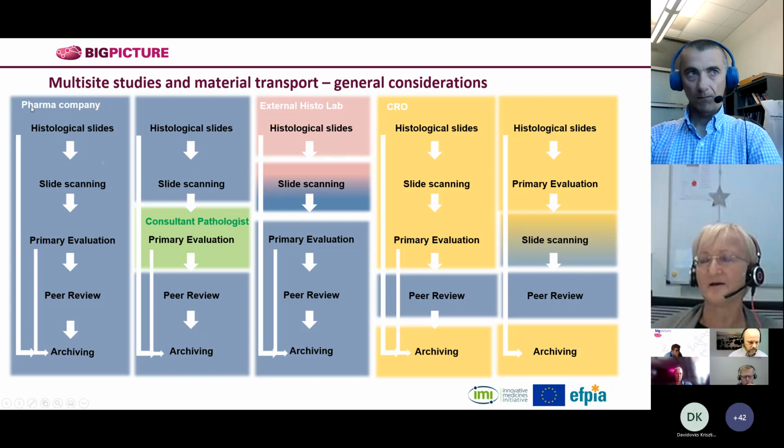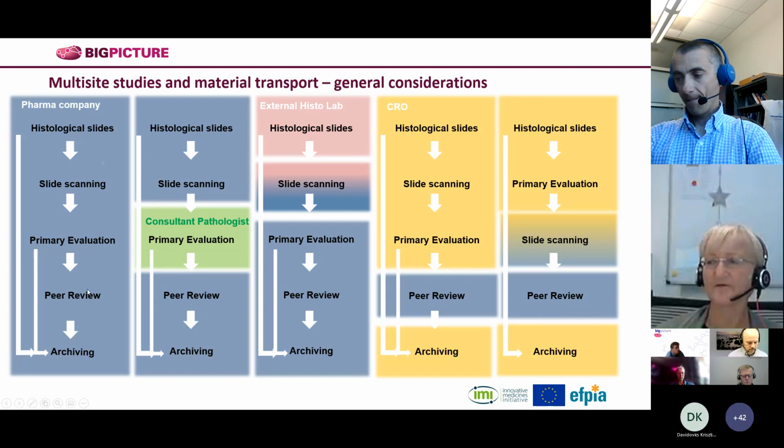For example, here you have a pharma company which is producing the histo slides, is then scanning slides, and is handing them over to a pathologist for primary evaluation. Then they go to a second pathologist for peer review, and finally the slides are archived.